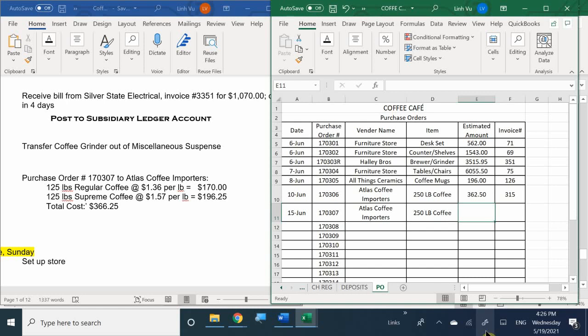So in this case, there's no need to enter this number because we are not making any payments to this one. Okay. For what amount? Oops. 366.25.